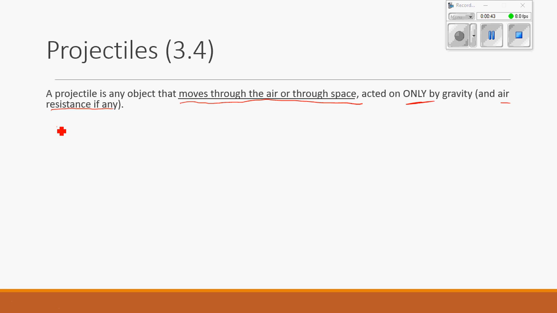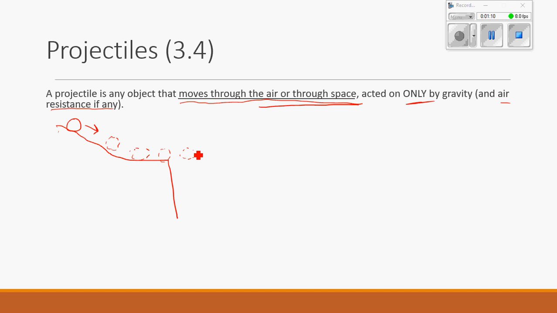Well, if we have a hill and we have a ball rolling down the hill, is that a projectile? No, not at all, because it's not moving through air or space only, it's also touching and moving off that ramp. Now let's say it gets to the end of the ramp.